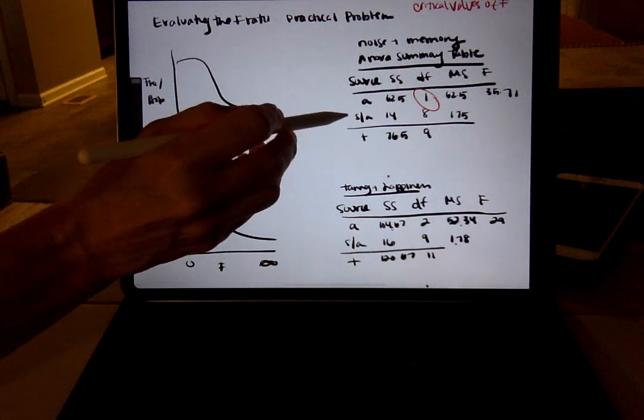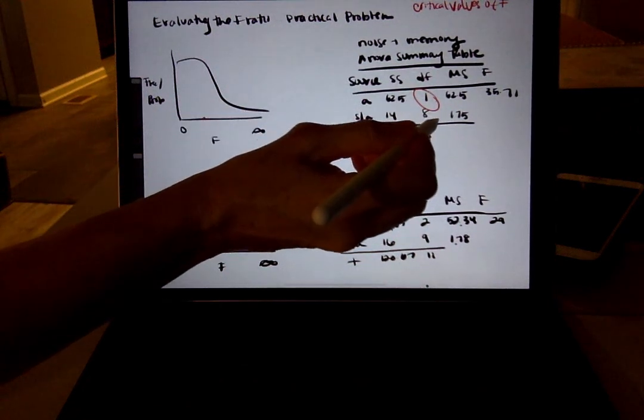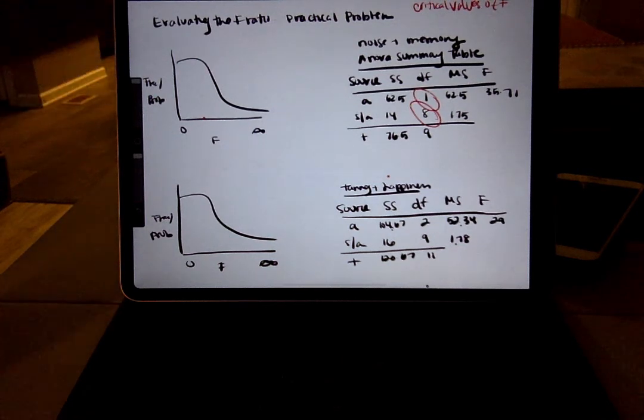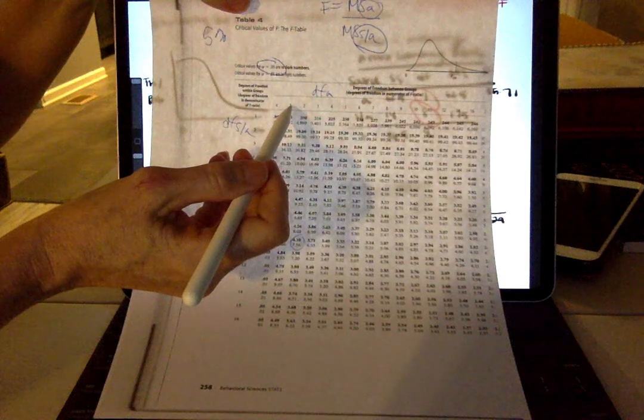The denominator of the F ratio is S over A, so the degrees of freedom are 8. So we're going back to this chart, and we are going to find degrees of freedom A at 1 and degrees of freedom S over A at 8. So we're going to go over to 1 and down to 8.